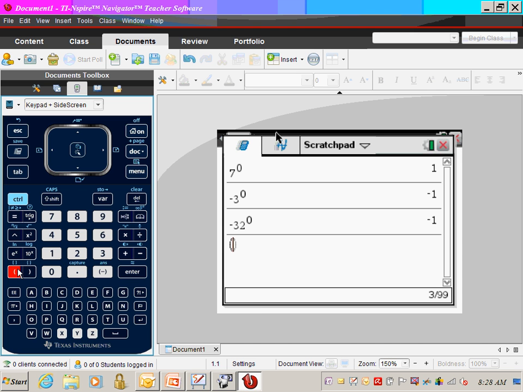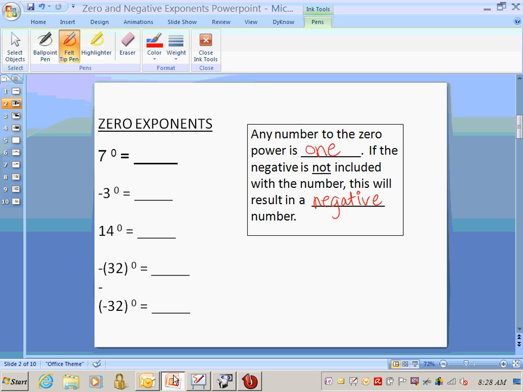And parentheses negative 32, close parentheses to the 0 power is 1. So do we all have those written down? Okay, so this one was 1, negative 1, 1, negative 1, 1.